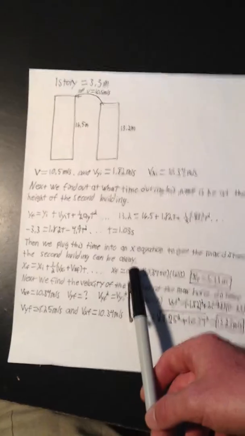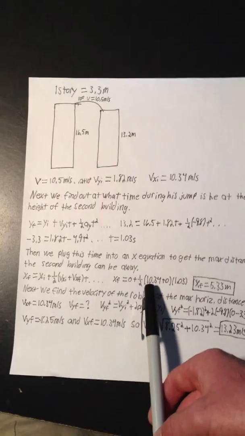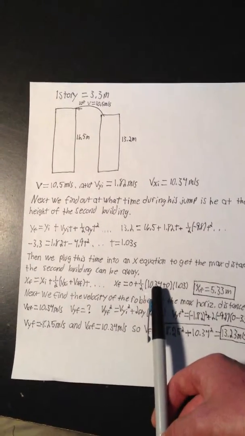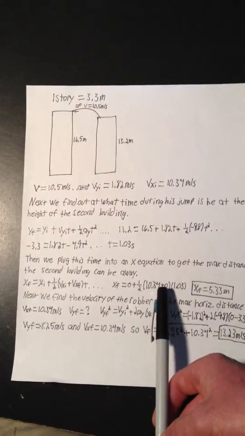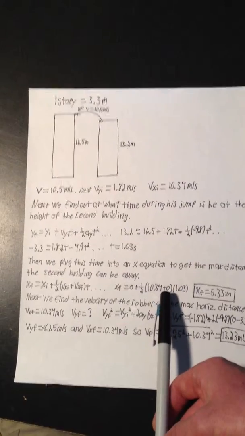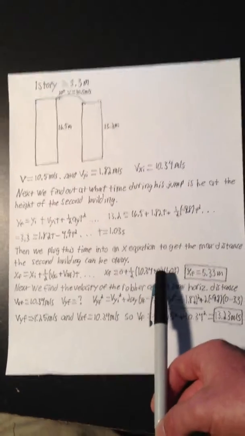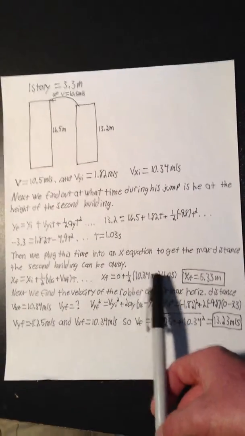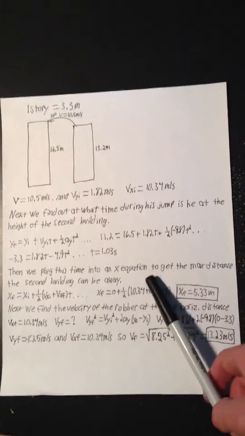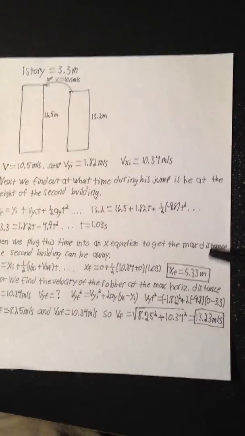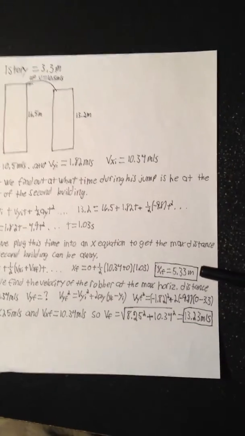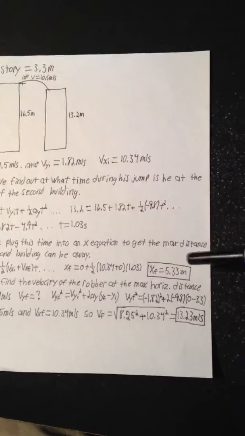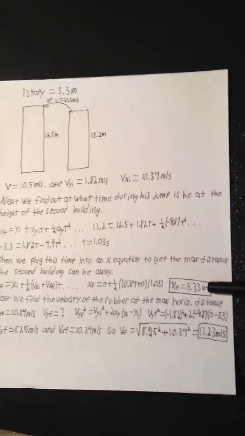Then we plug in 10.34 for his velocity, 0 for acceleration, and 1.03, of course, which we just found for the time, and we determined that the farthest the second building can be away from the first building is 5.33 meters.